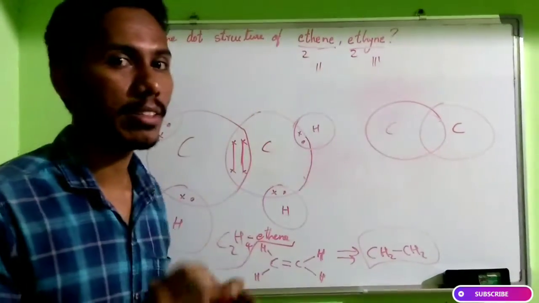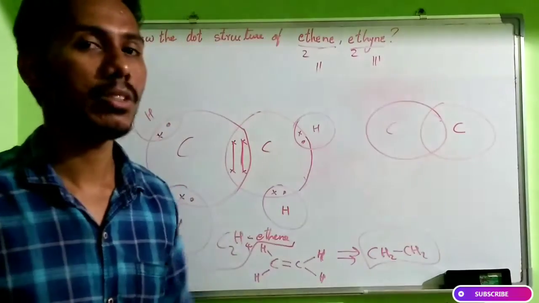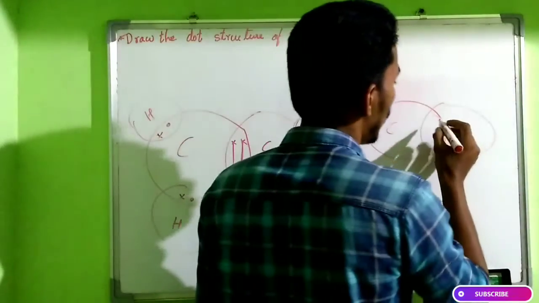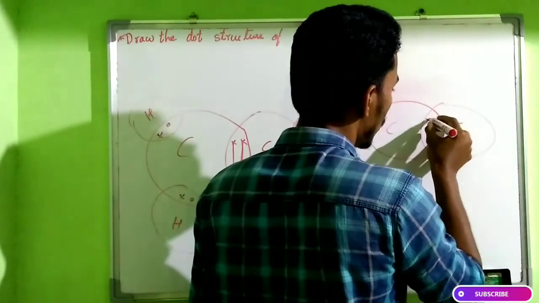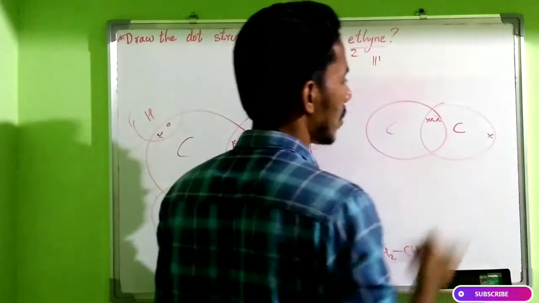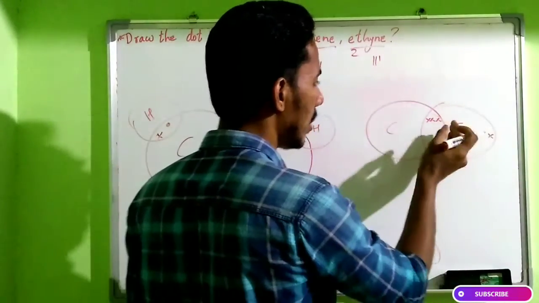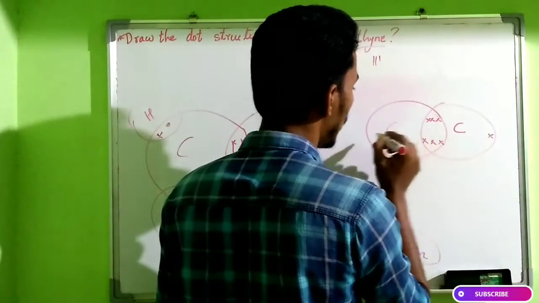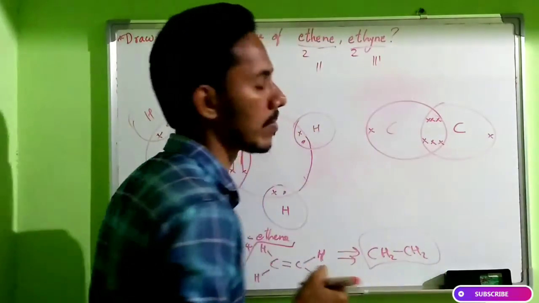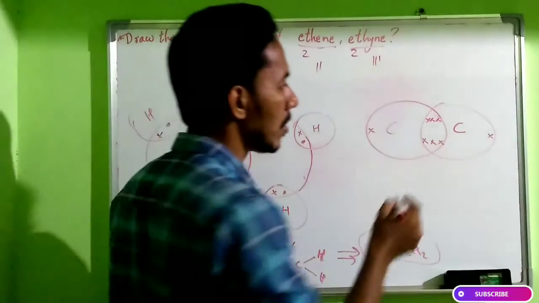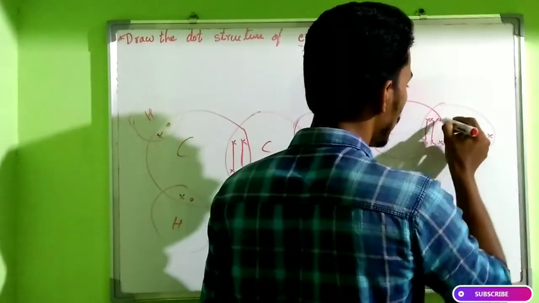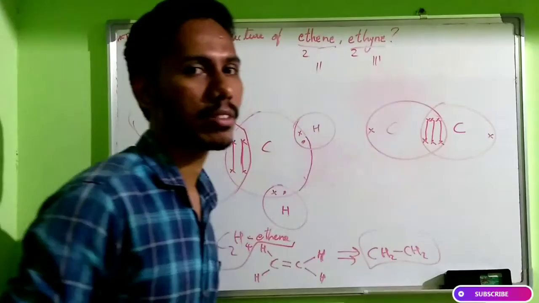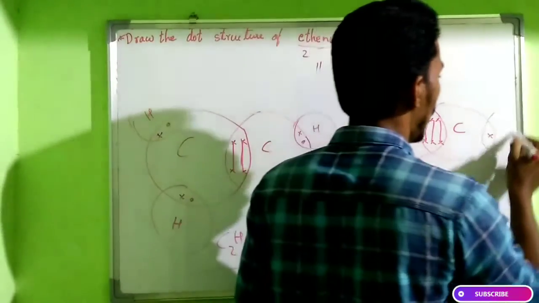YNE means there is a triple bond in between these 2 carbon atoms. So first mark the 3 electrons here and the 1 electron here. So it is complete. Then this carbon atom, 1, 2, 3, 4. These are complete. So how many bonds? 1, 2, 3. Triple bond. Then fill with hydrogen atom.